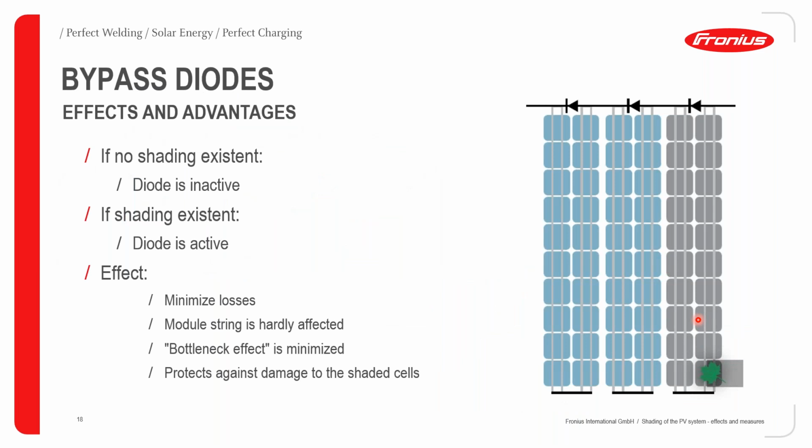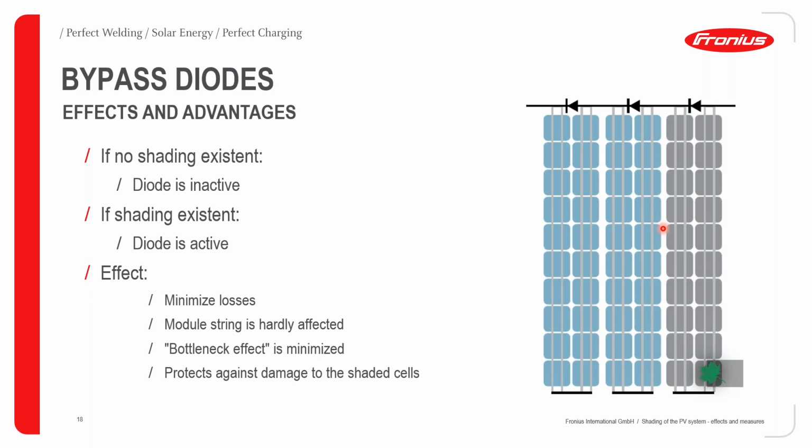So effects and advantage. If there's no shading, then of course the diode is inactive because its internal resistance is higher than that of the cell. But if there's shading, then it automatically means that the impedance of the shaded cell increases and becomes higher than that of the bypass diode, thereby forcing the current to pass through the bypass diode onto the other cells connected on the module.